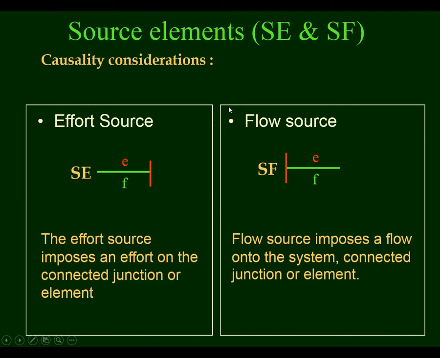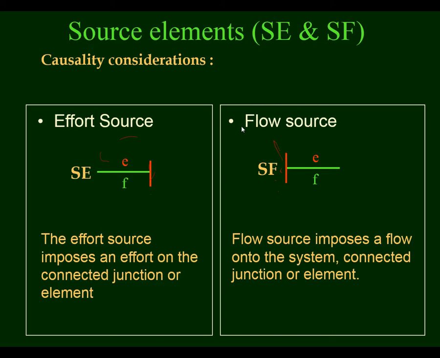You could write it like this. Either you have this, you could write it like this, where the effort is the output, and you could write like this, source of flow, if the effort is the input.